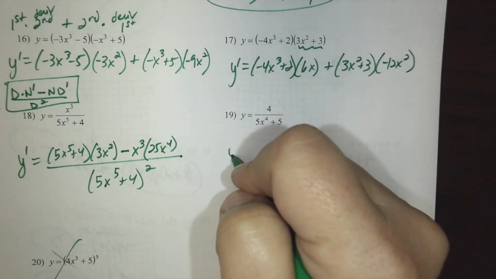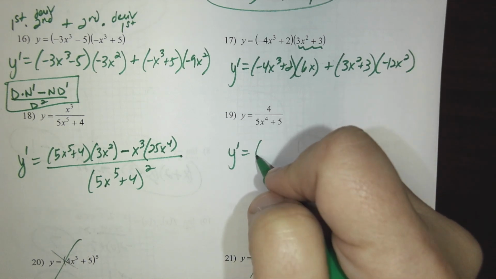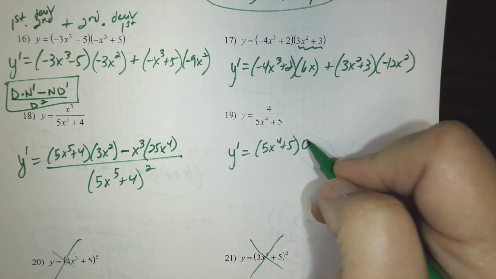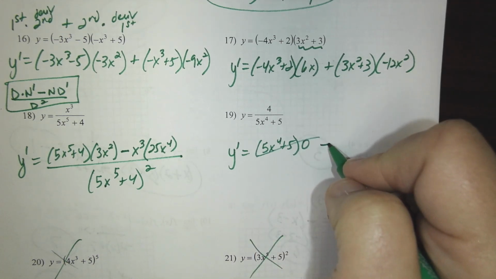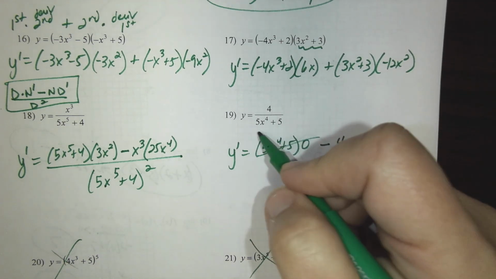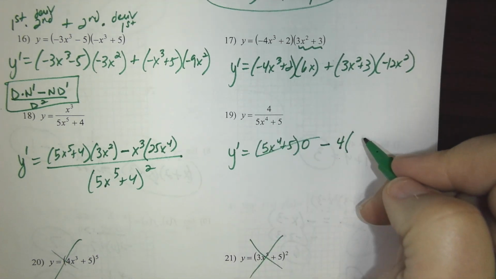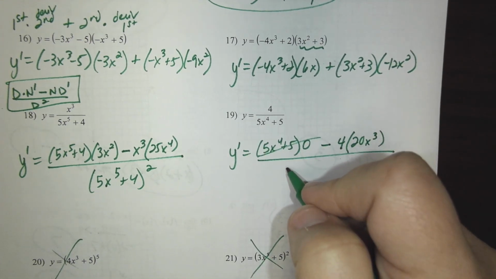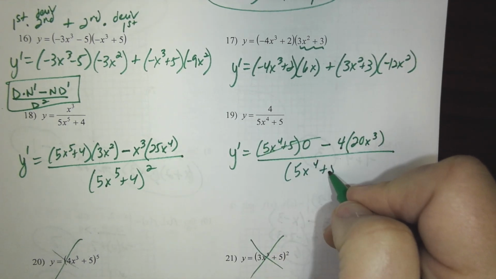Do that one more time. Entire denominator times the derivative of the numerator, which is 0, so this whole thing will go away, minus the numerator times the derivative of the denominator, which is 20x cubed, all over the denominator squared.